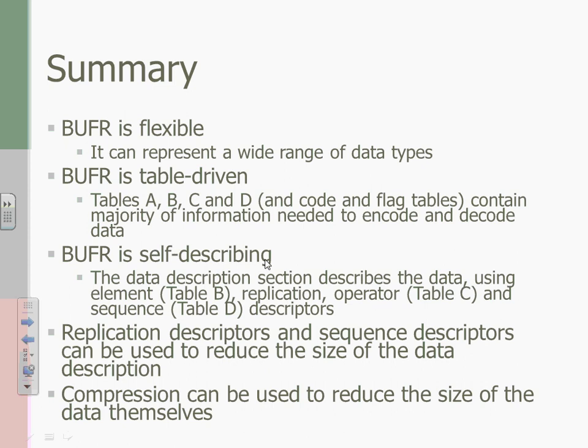So BUFR is self-describing. The data description section describes the data using element descriptors, table D sequence descriptors, and table C replication operators. Replication descriptors and sequence descriptors can be used to reduce the size of the data description, and compression can also be used to reduce the size of the data themselves.